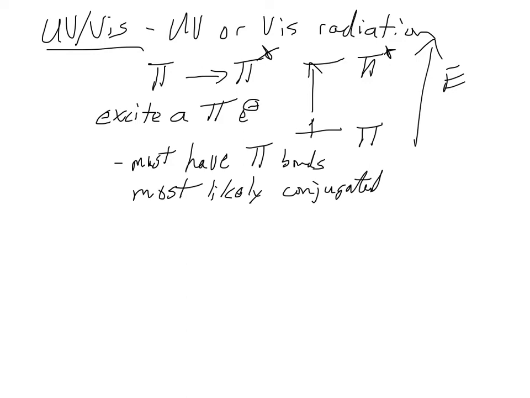So what's a higher energy wavelength, a long wavelength or a short wavelength? Short wavelengths. As you go to visible, the difference in energy gets longer. So what we're measuring is this pi to pi star gap. If you have a lot of double bonds that are conjugated, the gap between pi and pi star becomes less.